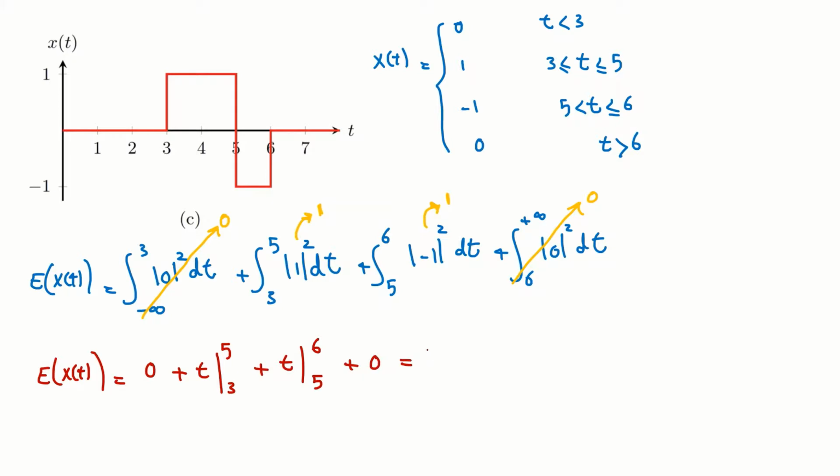This equals 5 minus 3 plus 6 minus 5, which is 3. So you see that the energy of this time shifted version of the signal is equal to the energy of the original signal. So time shifting doesn't change the energy of the signal.